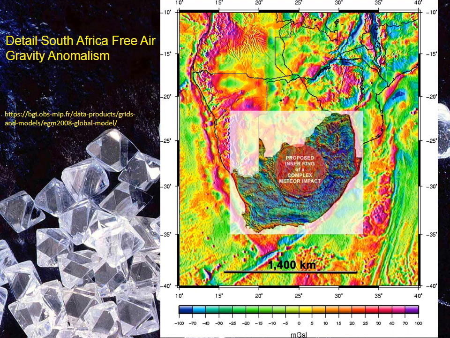We can see by combining the two data sets that what was a proposed meteor impact site in South Africa is probably a proposed inner ring of a complex meteor impact.